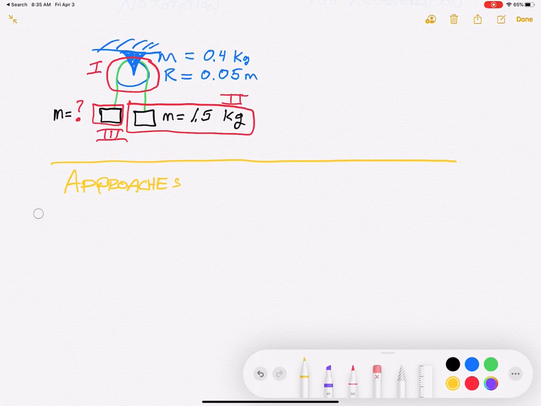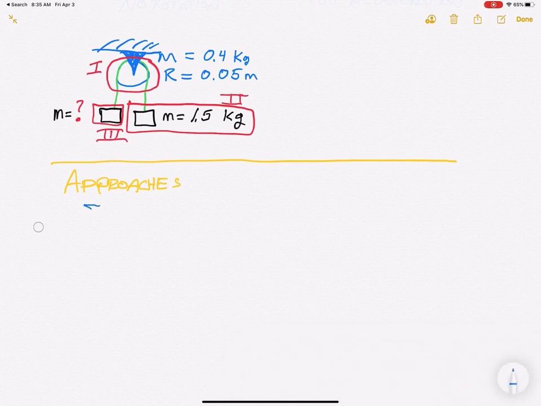Let's dive back into blue. And let's start with the easy one. Let's sum the forces in the x direction. Let's sum the forces in the y direction.